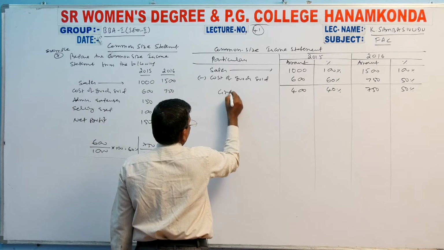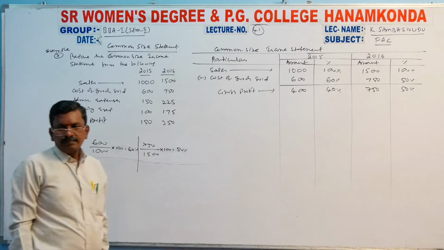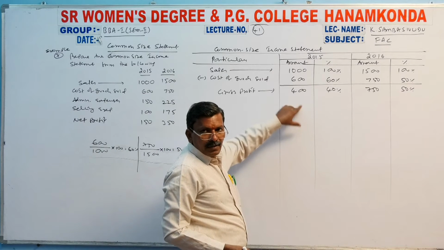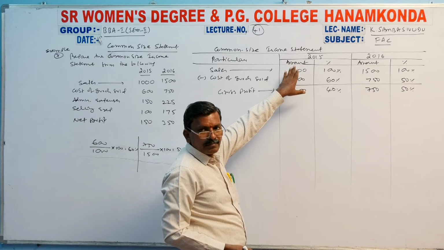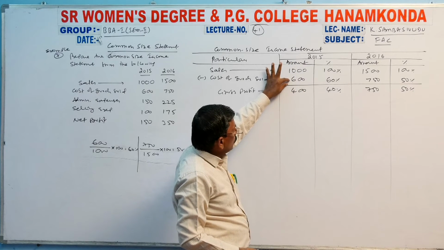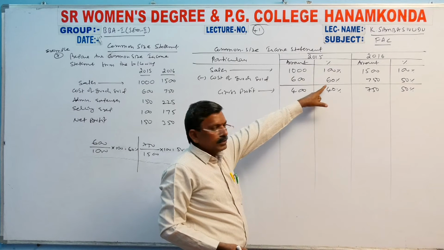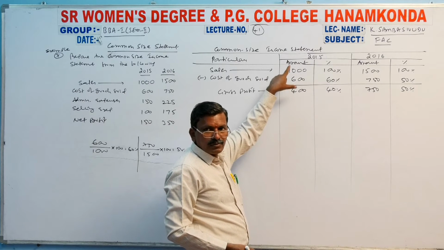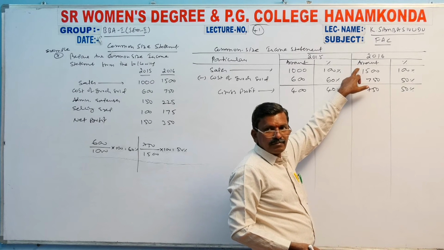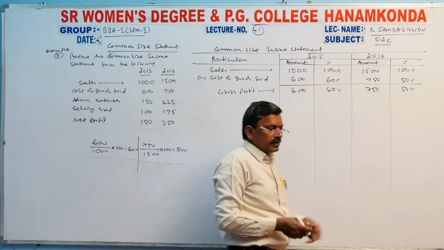So this is gross profit, already known. So each and every one in sales only, in the income statement. We see everything as a percentage of sales. So cost of goods sold divided by 1000, that means sales into 100, 60%. 400 divided by 1000, 40%. Here 750 divided by 1500, that is 50%.